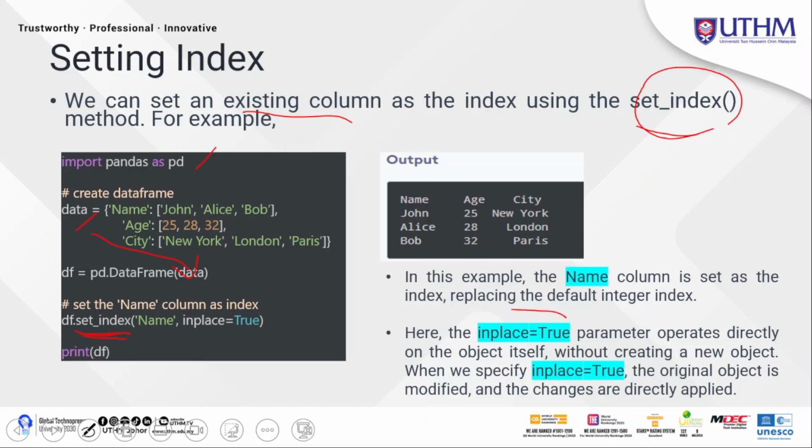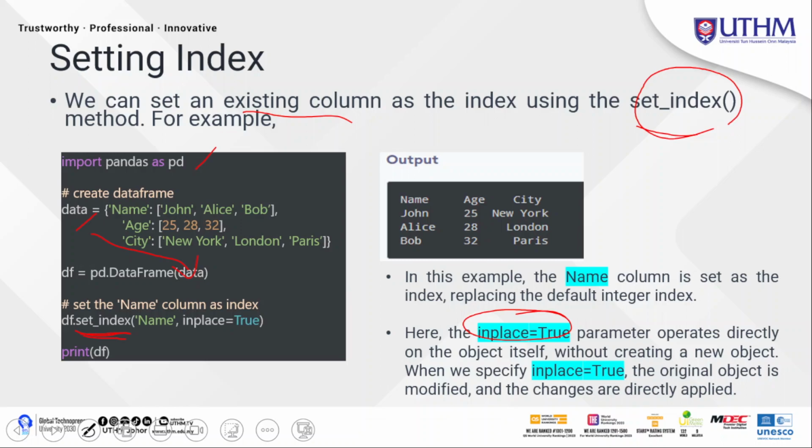So inplace=True means that the operation acts directly on the object itself without creating a new object. If you mention False, it creates a different object instead, so it's not based on the existing one.